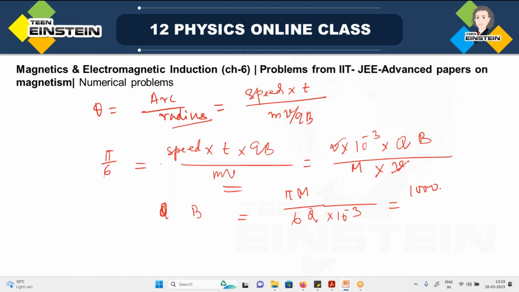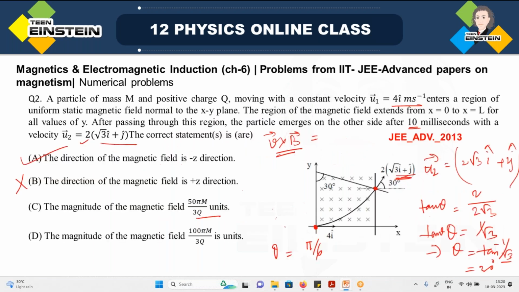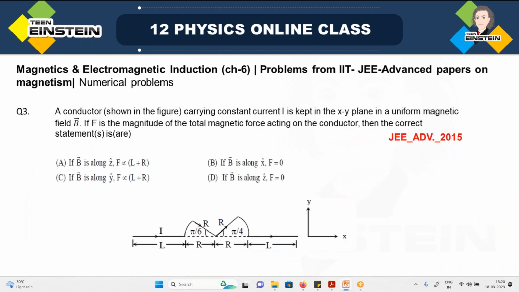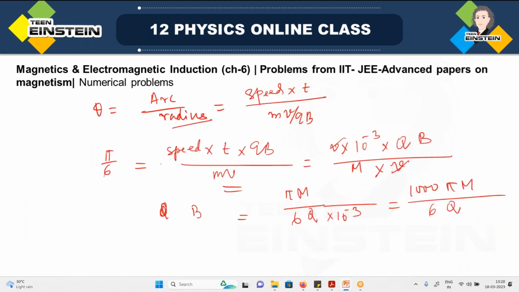So this will be 1000 pi m divided by 6 into q, right? So we need to see the magnitude.